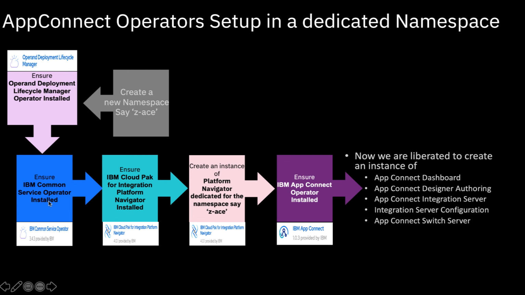Then you need to install IBM Common Services Operator, then ensure you're installing Platform Navigator, then create an instance of Platform Navigator, then you install IBM AppConnect Operator. Post that, you can go and create the instances of the resources under AppConnect. So this is the flow that we are supposed to follow.